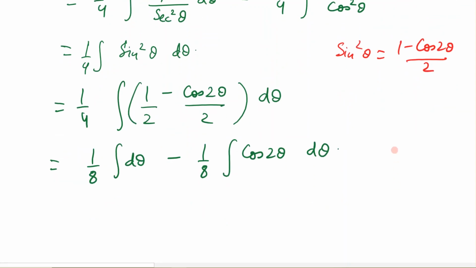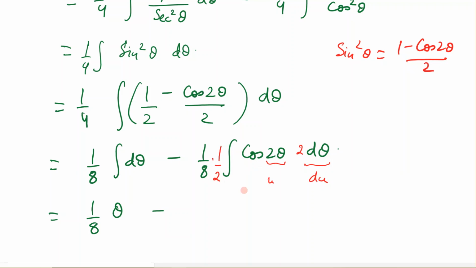In this case, this would be simply 1 over 8 theta. And here, if you have 2 theta as your u and you want to make the differential of u, it means we need another 2 here. So we need to divide by 2.